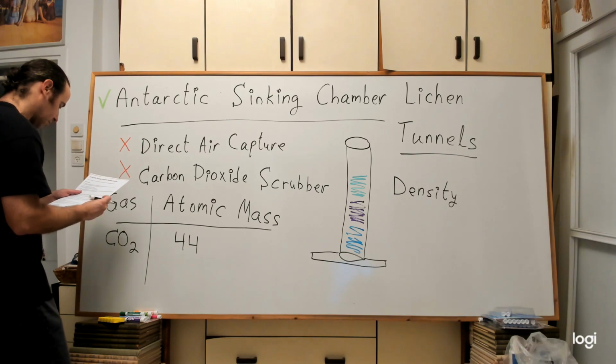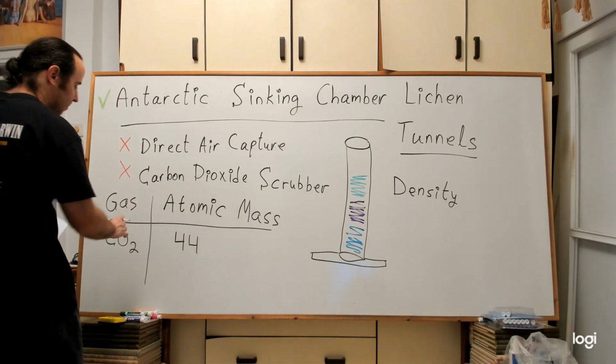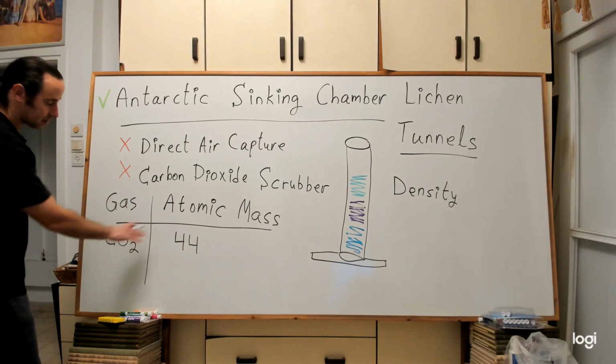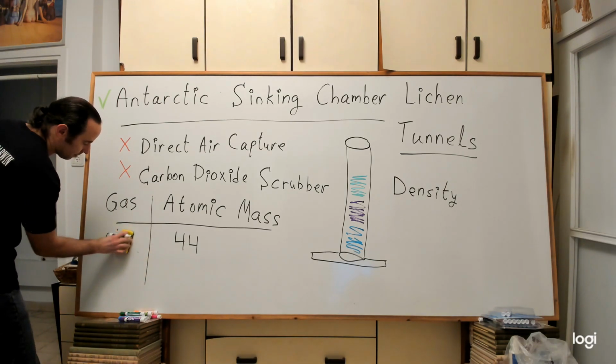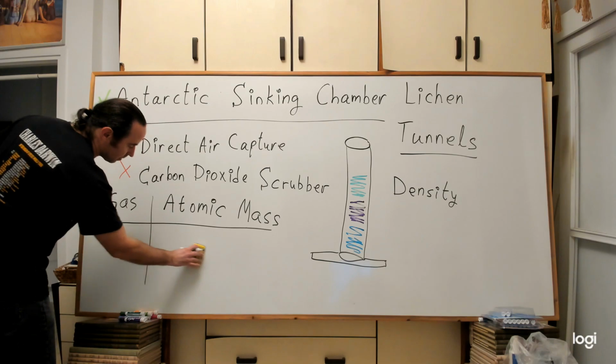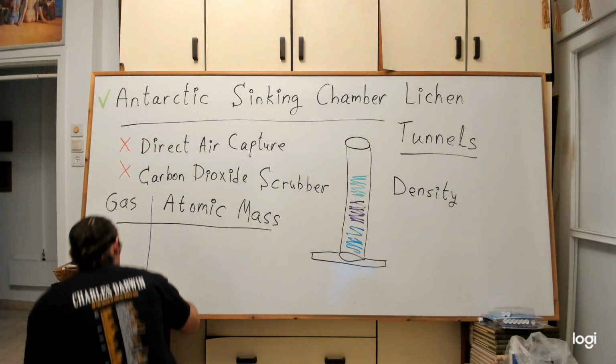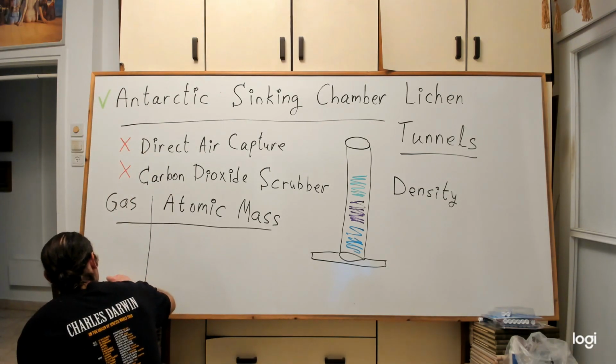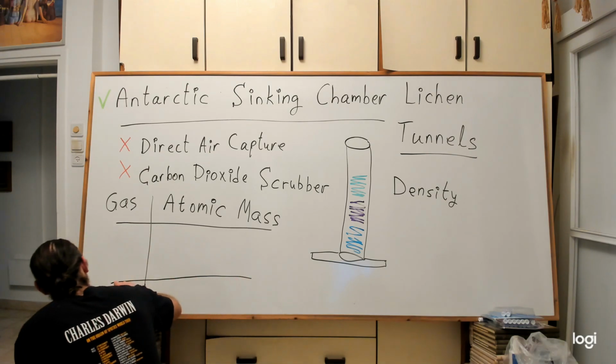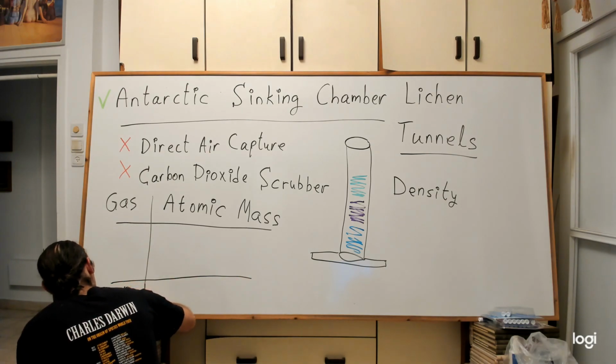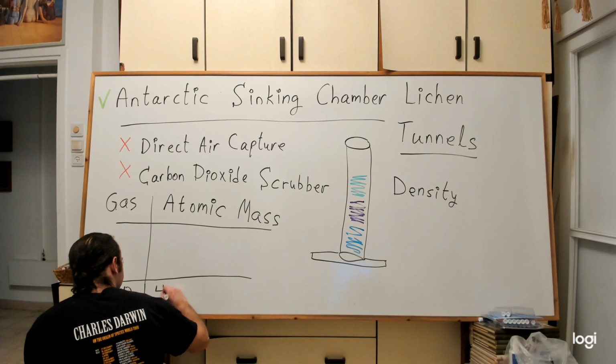And you have nitrogen. Let me write this on the bottom, because this is the heaviest of the three gases that we consider. Okay, so we have CO2, which is 44.